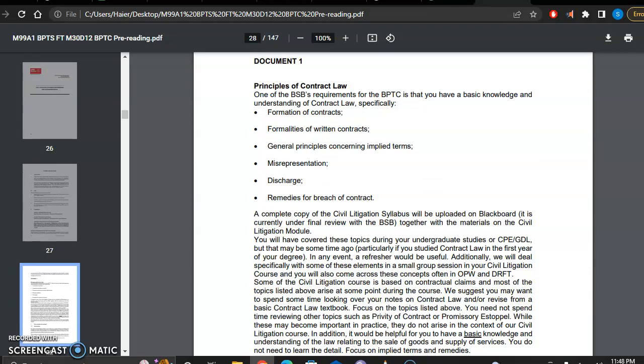Now we shall discuss the principles of contract law. The Bar Professional Training Course requires that you have a basic knowledge and understanding of contract law, specifically formation of contracts, formation of written contracts, general principles concerning implied terms, misrepresentation, discharge, and remedies for breach of contract.